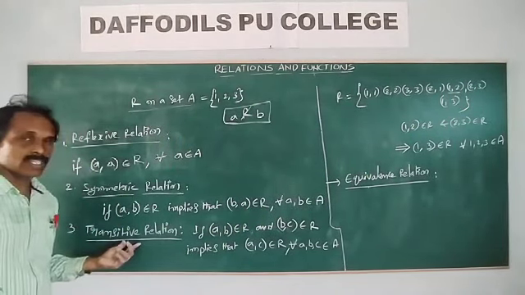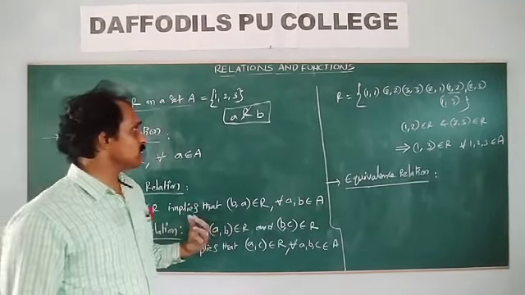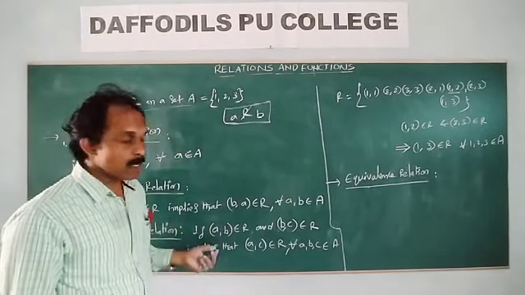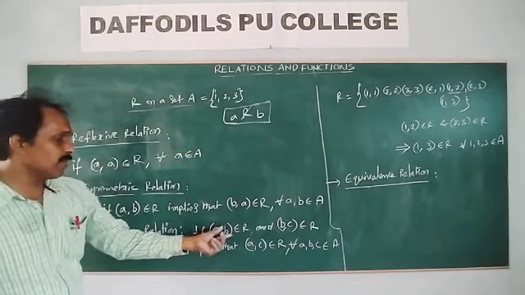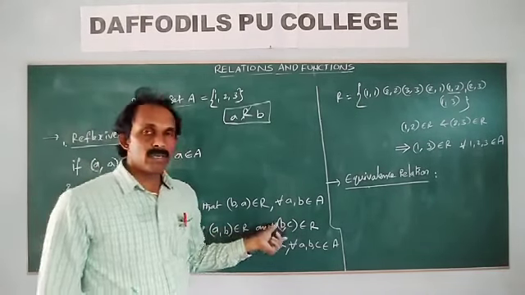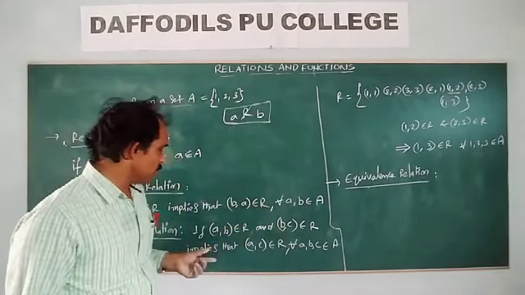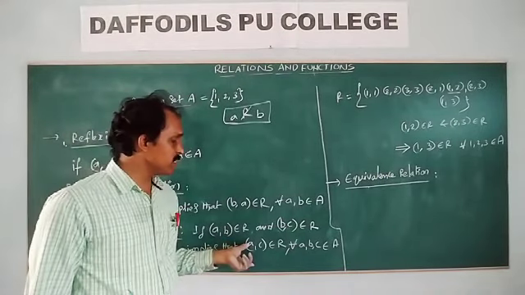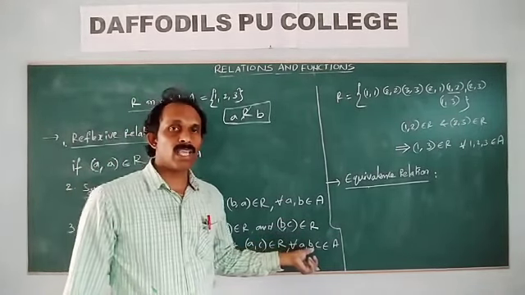Right. Transitive relation. A relation R is said to be transitive if (a, b) belongs to R and (b, c) belongs to R, implies that (a, c) also belongs to R for all a, b, c.